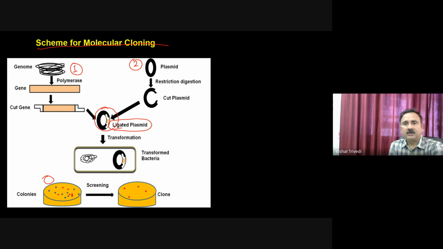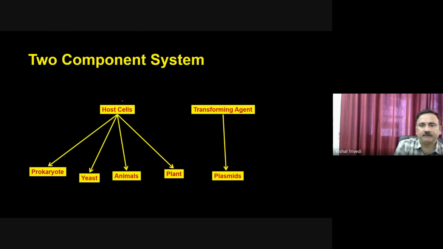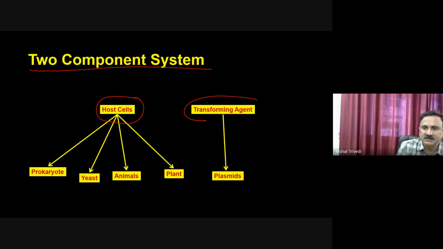Now, these two are compatible to each other, right? In a two component system, you basically require the host cells and the transforming agents. Host cells could be prokaryotic in nature, for example bacteria, or eukaryotic, such as unicellular eukaryotes like yeast.